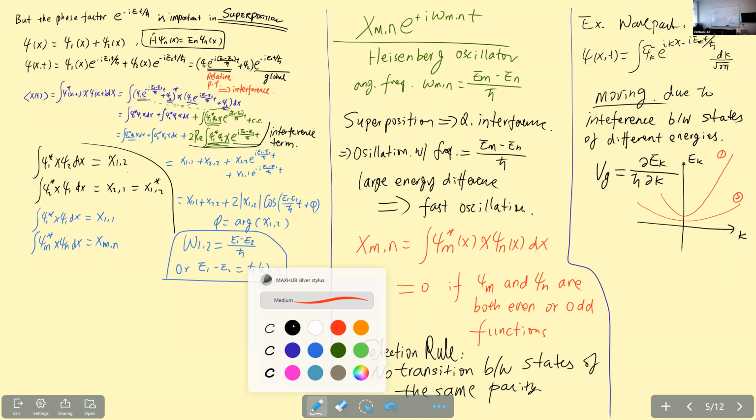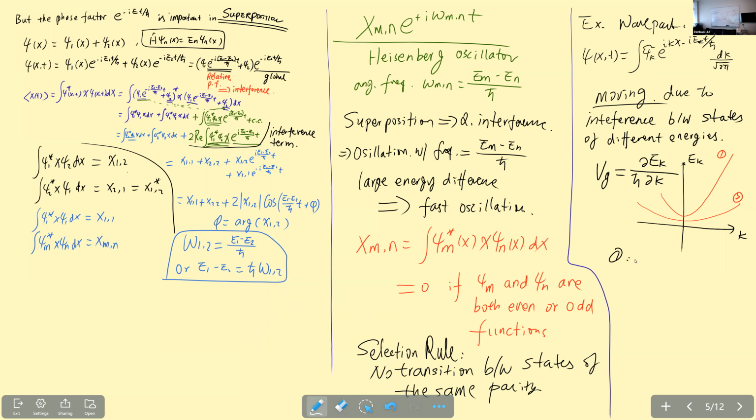You can see that in case 1, delta E is larger than in case 2, for the same delta k. You can choose this is k1, this is k2, so this is delta k, and this is delta E. So in case 1, delta E is greater than delta E in case 2.